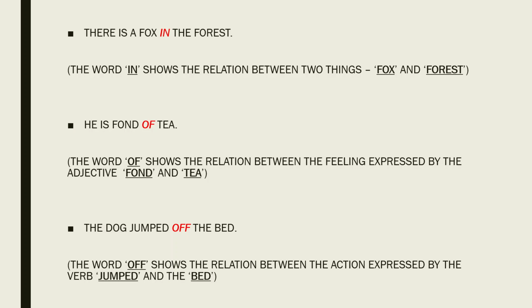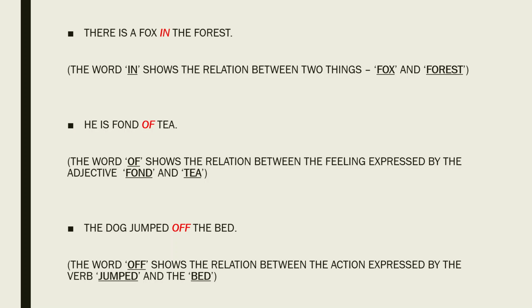There is a fox in the forest is your first example. So the word in shows a relation between the fox and the forest. With this sentence, you can get a clear idea of a fox sitting maybe under the shade of a tree in a forest. But if I substitute the word in by outside, then you can again imagine the fox sitting outside the forest.